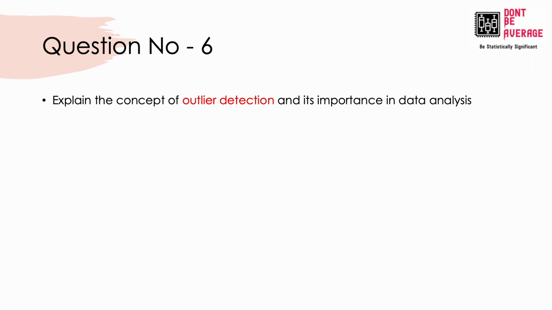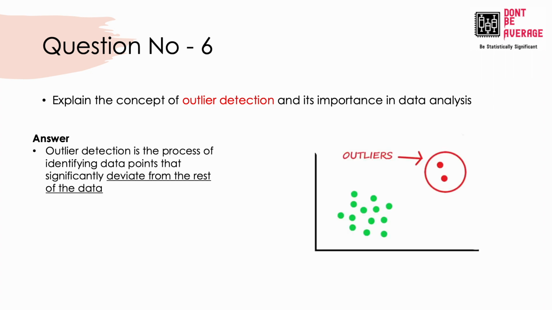Question number 6. Explain the concept of outlier detection and its importance in data analysis. Outlier detection is the process of identifying data points that significantly deviate from the rest of the data.